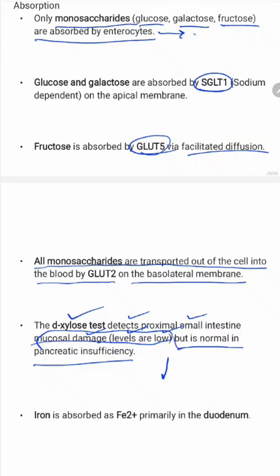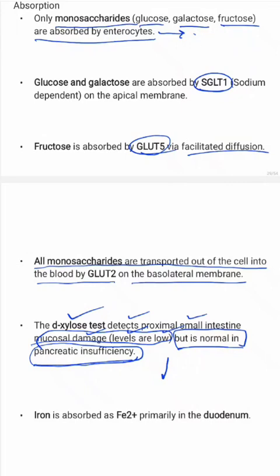But if there is pancreatic insufficiency, okay, pancreas is not required for its absorption. So then we can conclude that whatever D-xylose we have given the patient is all absorbed into the body and its level is normal. So this is pancreatic insufficiency.